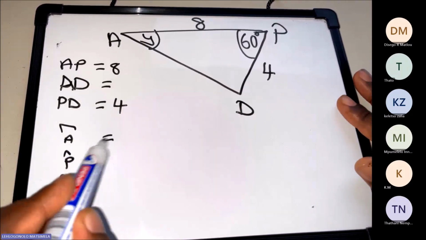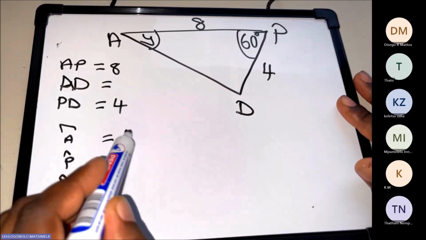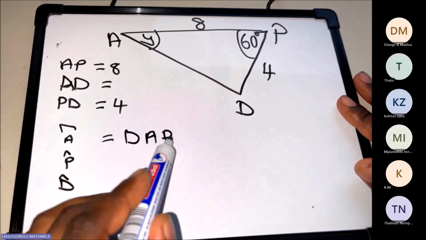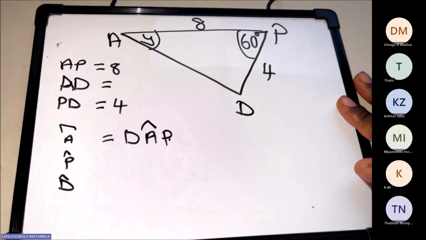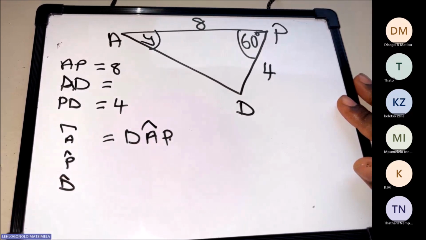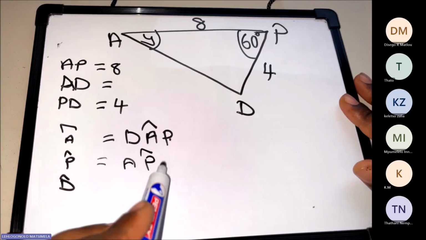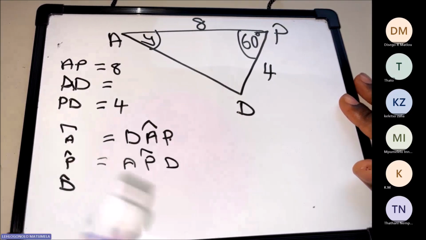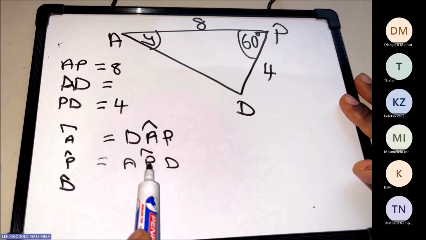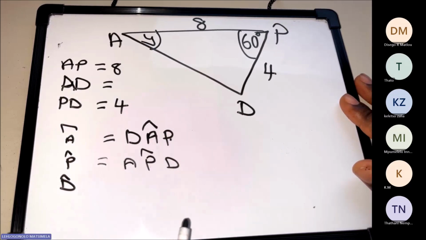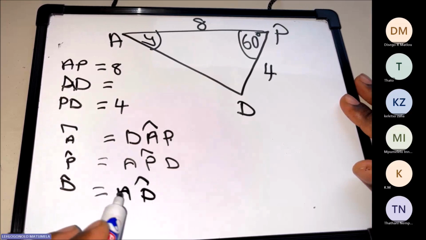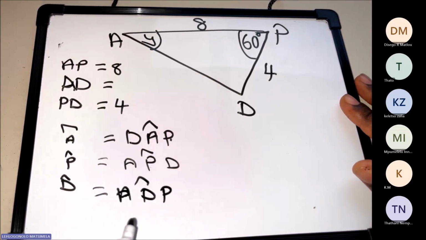For example, angle at A will be either DAP or PAD, but the curve of the angle is in the middle, at A. At P, it will be APD. I start alphabetically so that you can understand, but the curve will be on the P because it's the middle one that has the angle. Angle at D will be A, curve D, and P.